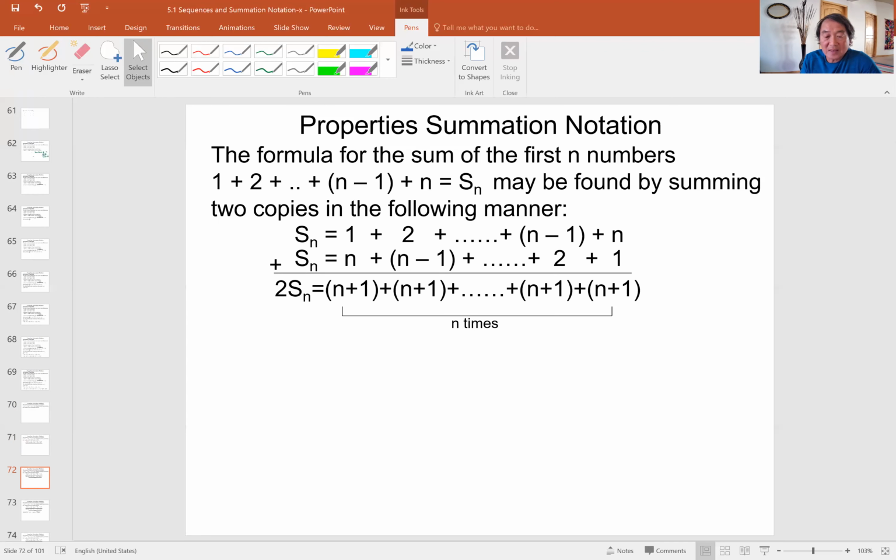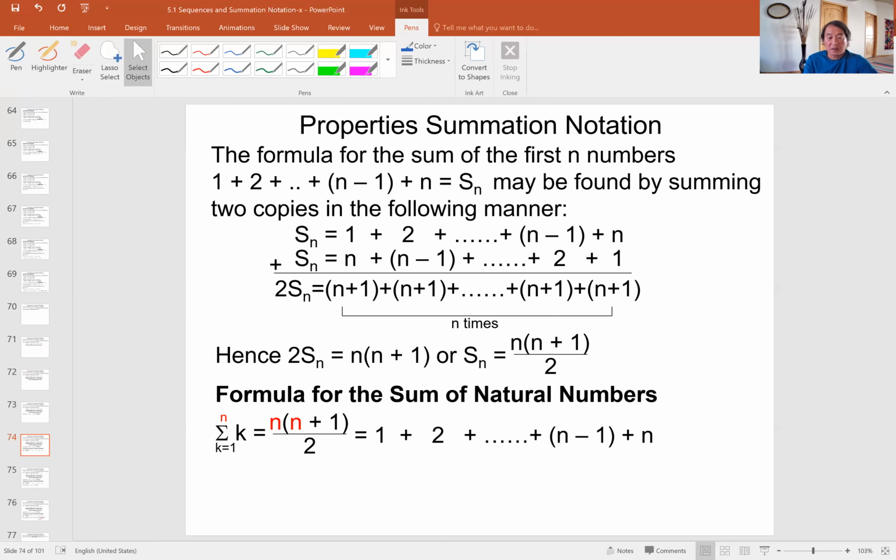And there are n sets of these, so the sum of 2 copies is n times n plus 1. So the sum of 1 copy is n times n plus 1, divided by 2. And this is the sum of natural numbers 1 up to n.